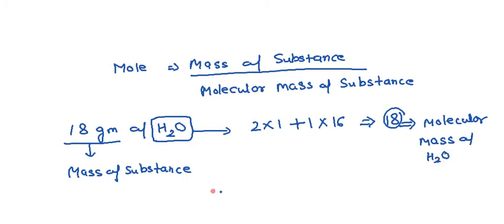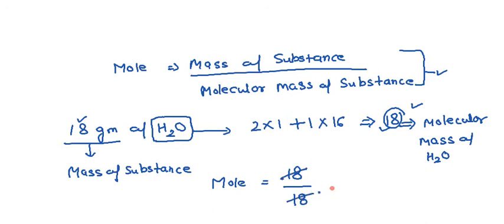I can put both these values in the above formula. So how do we calculate the mole value? It has 18 gram mass of substance, so I put 18 here. Its molecular mass is also 18, so I put 18 downside. That cancels out and is calculated as 1 mole.